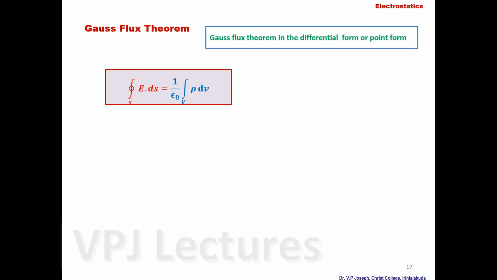Now let us consider the differential form of Gauss-Flux theorem. In order to obtain the differential form or point form, we have to make use of the Gauss divergence theorem. Gauss divergence theorem is not the same as Gauss-Flux theorem. It is a theorem used to convert a surface integral into a volume integral. That means something over a surface is related to the source of that thing within the volume enclosed by the surface.